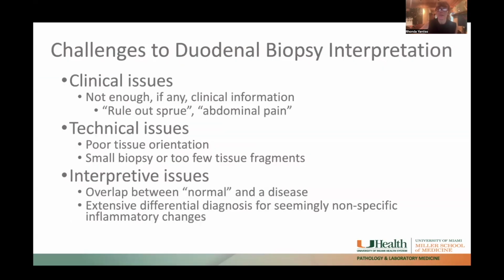Duodenal biopsies are prone to some challenges in interpretation for a variety of clinical, technical, and interpretive reasons. Clinical indications, often we don't get any history. We might rule out a sprue or abdominal pain, and that's pretty much it.